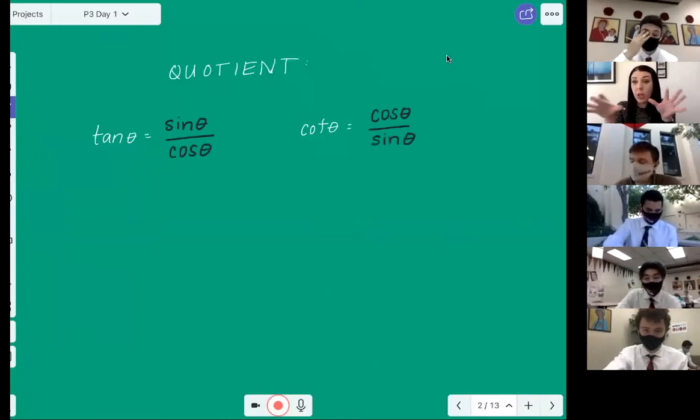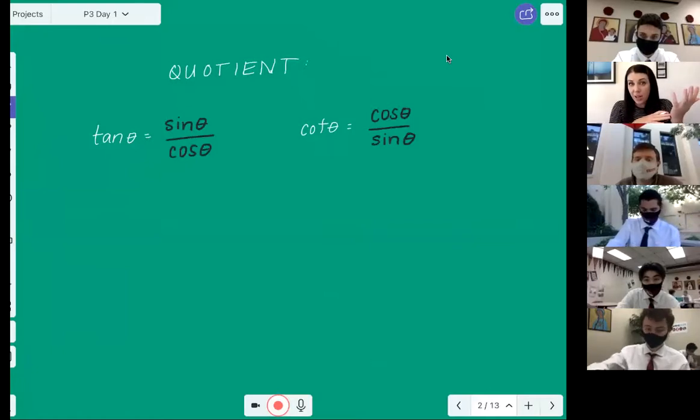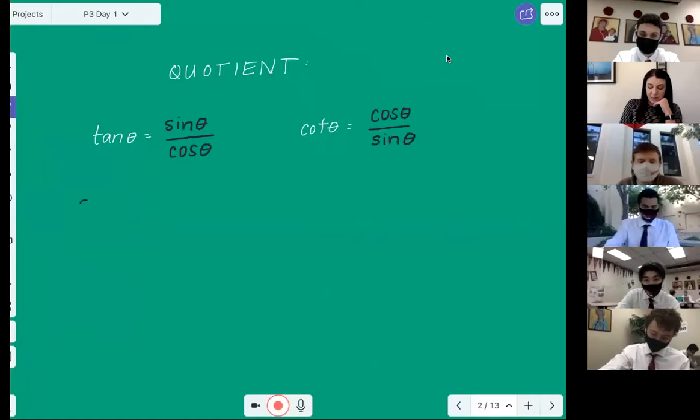Most people only know these quotient identities, and this is generally fine because I can always write everything in terms of sine or cosine. But there are actually additional identities. For example, if I were to use the reciprocals, I could come up with more quotient identities. So sine of theta divided by cosine of theta, please write this down, is the same as sine of theta times 1 over cosine.